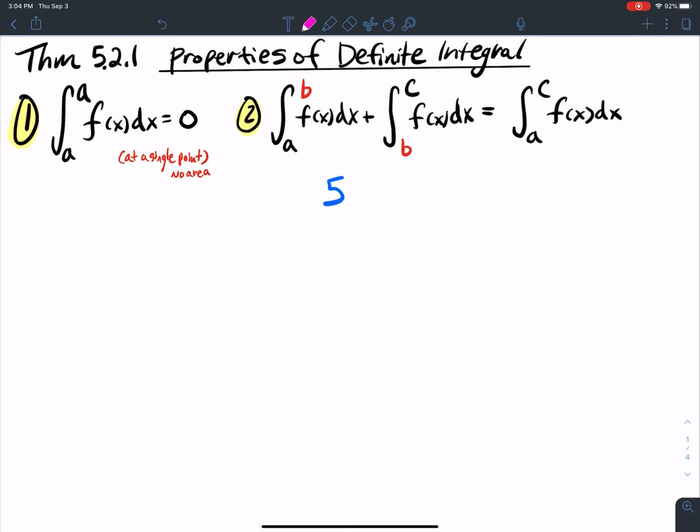That's the idea. Basically, this allows us to take any integral we have and break it up into pieces.